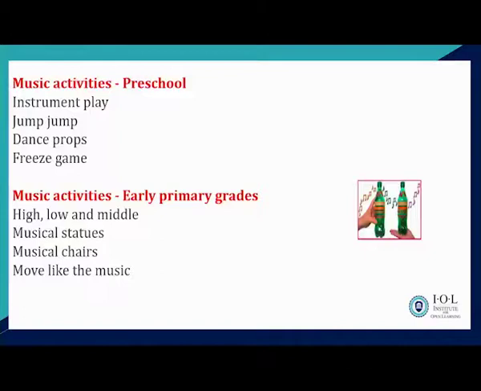The preschoolers can already play some music instruments. They can jump, they can dance, props, they can play the freeze games. And in the early primary grades, they can do the high and low, middle. They can do musical statues, musical chairs, and they move like the music.